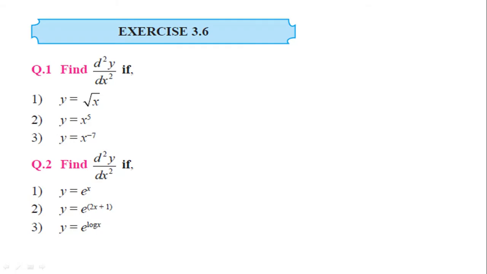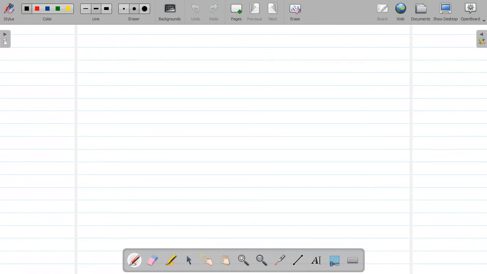We will solve some examples now from the exercise 3.6. Now see the first question, the first function given is y is equal to root x, and we have to find d square y upon dx square. So in the answer how will you write? Very simple. See, first of all we will differentiate this with respect to x.